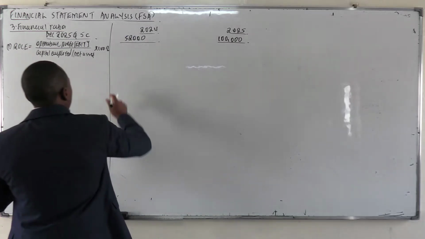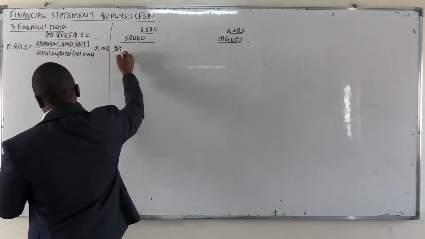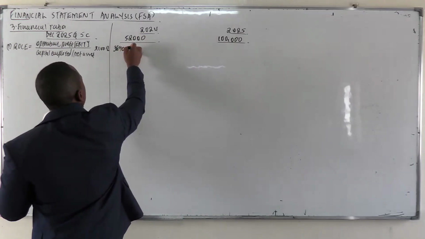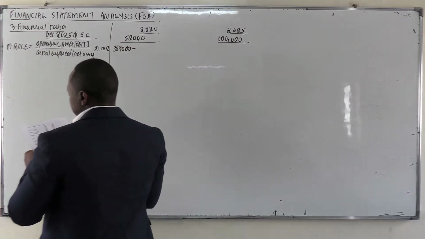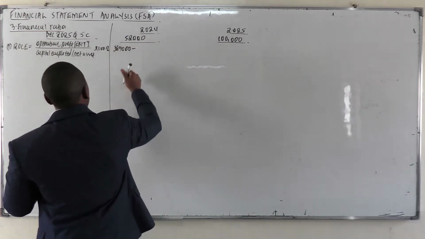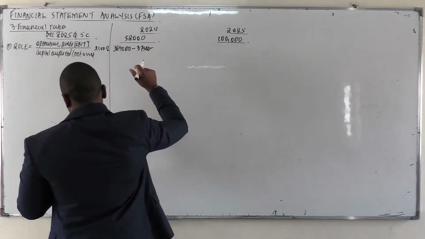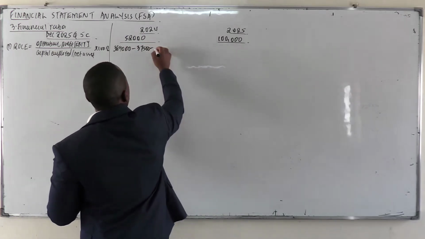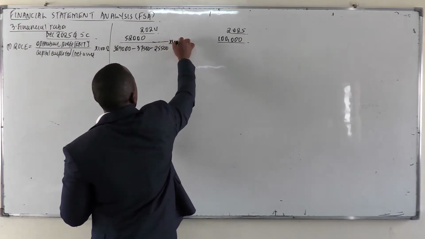So for example, for 2024, the total assets is 369,000 minus the current liabilities. For the current liability, we have accounts payable, which is 37,500, minus accruals, which is 25,500, times 100%.